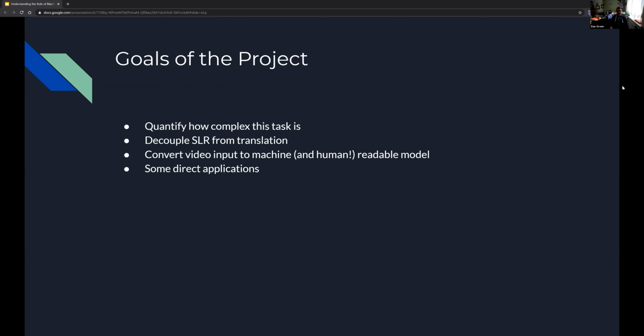There are actually some direct applications if I got this project done, in terms of being able to send sign language data in a much smaller file size. Obviously, if you've got an HD video of someone signing for any length of time, the file becomes quite large. But if you had a much simpler model that you could send and re-render, that would obviously be a lot smaller.